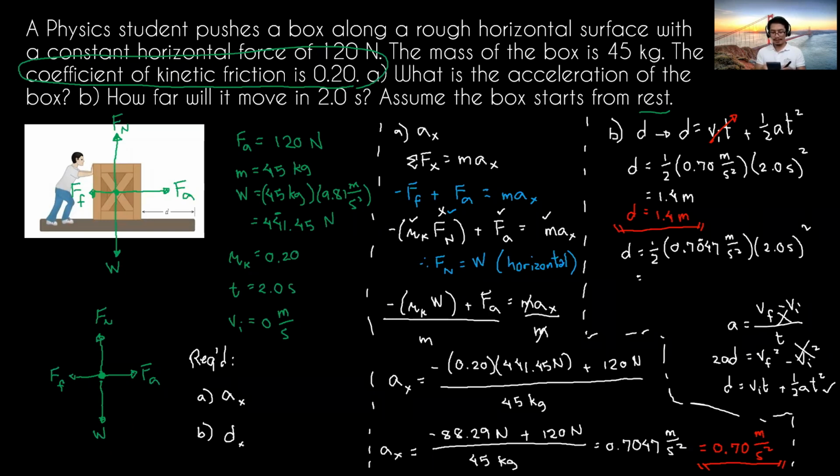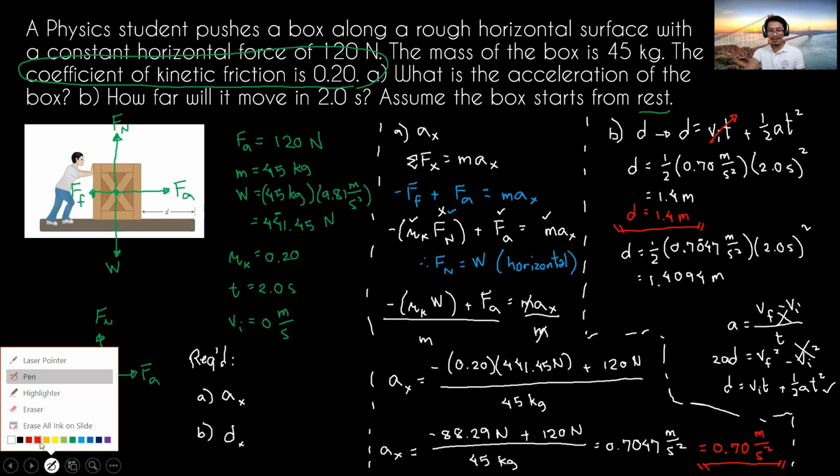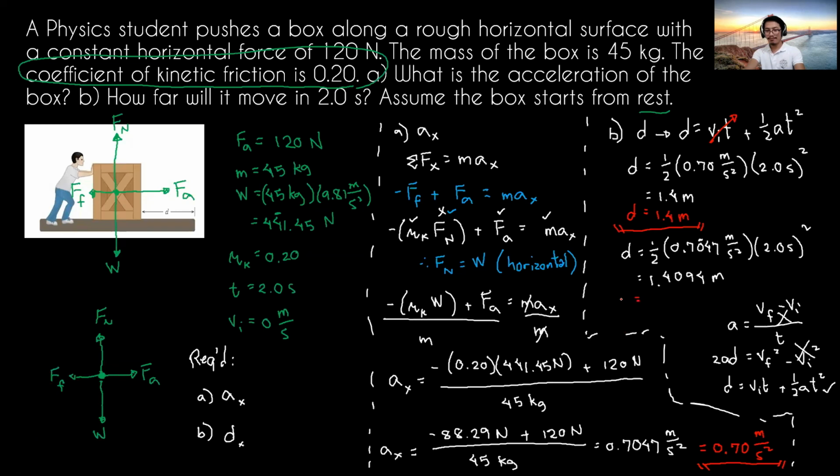And that will give us 1.4094 meters. Remember how many significant figures ang kailangan natin? Dalawa lang na significant figures. So that means that is actually 1.4 meters. Ayun, di ba? Pareho lang. As long as you follow the rules of significant figures, you will attain the same number, the same answer.